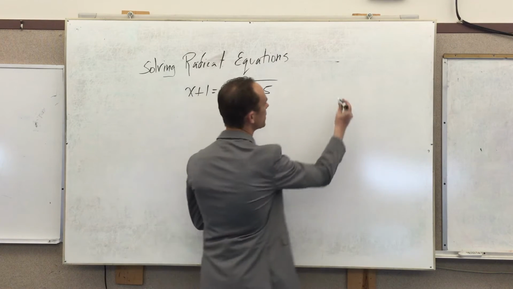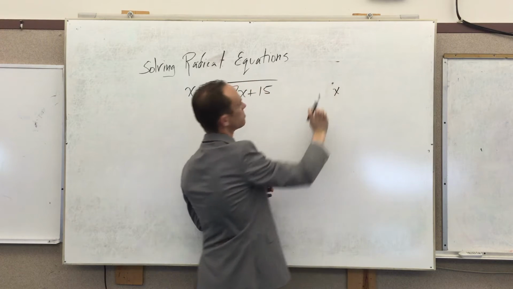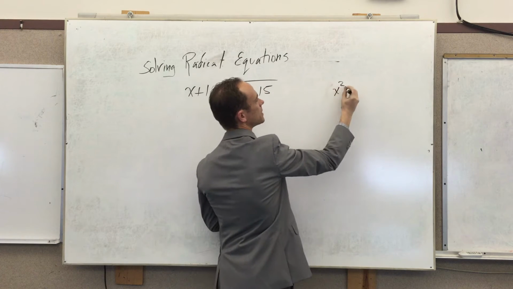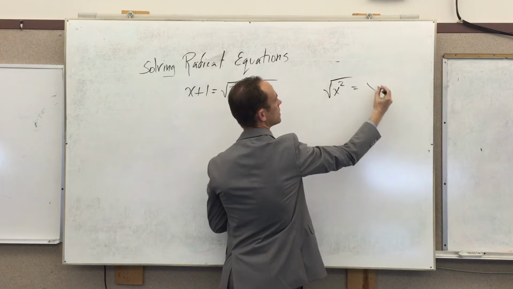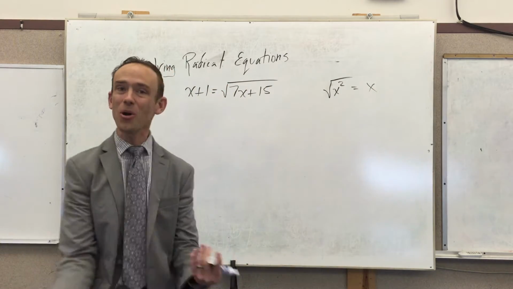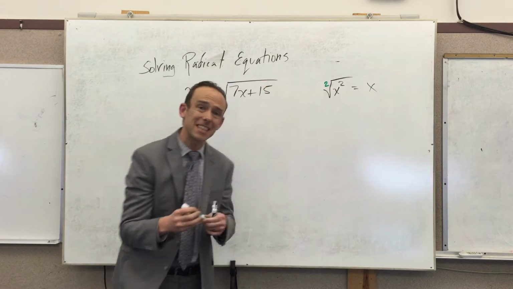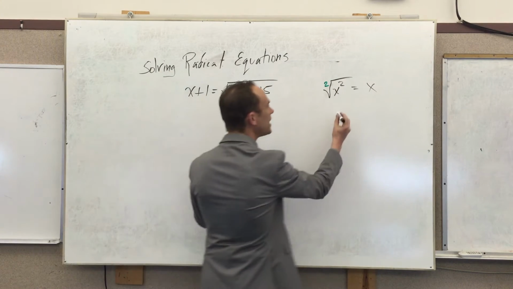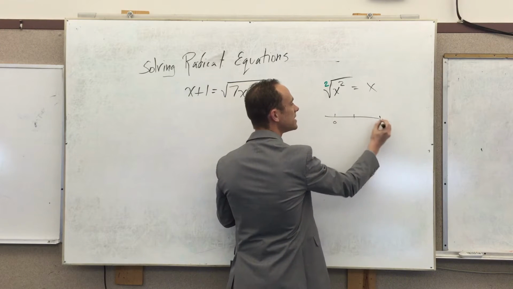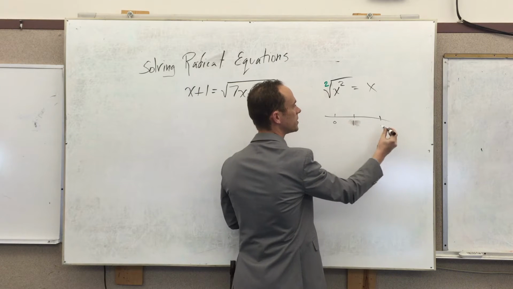This is good stuff right here. I don't know why I put it in a parenthesis. The square root of something squared is itself. Of course it is, because it's a second root. Because really what this says, oh wait, I'm going to make this a 1 and not a 2.